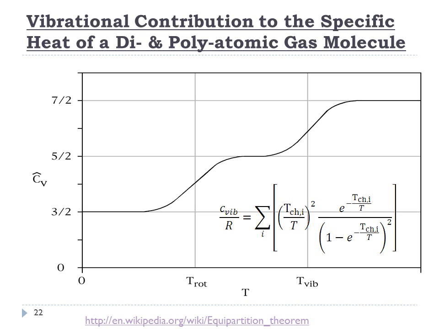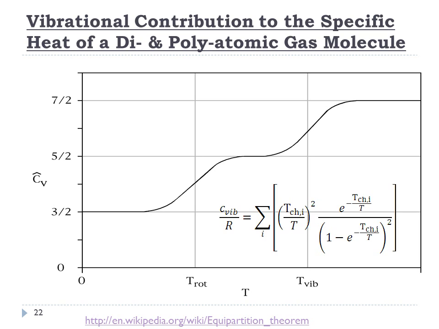And as we saw, it's 3/2 R. And as you start increasing temperature, you start activating the rotational modes, and then you're at 5/2 R. And then as you continue to increase temperature, you're going to be activating the vibrational modes, and then you saturate out at 7/2 R.